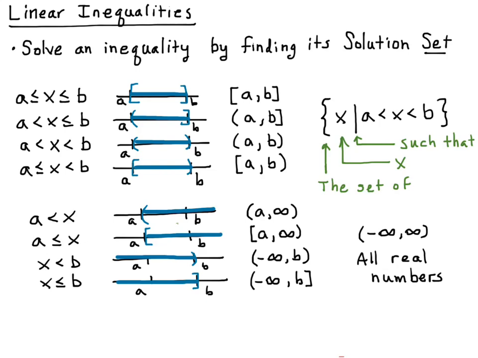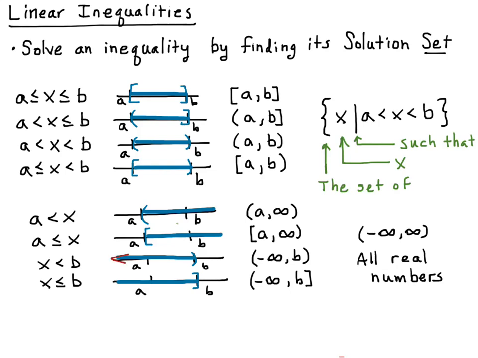Yeah, there was a question. I lost you when you started talking about the negative infinity. Okay. What negative infinity means is that when we have this expression here, x is less than b, so let's say x is less than 6, we would graph that like this, showing that our solution set, and perhaps I should have shown an arrow here, goes on forever.